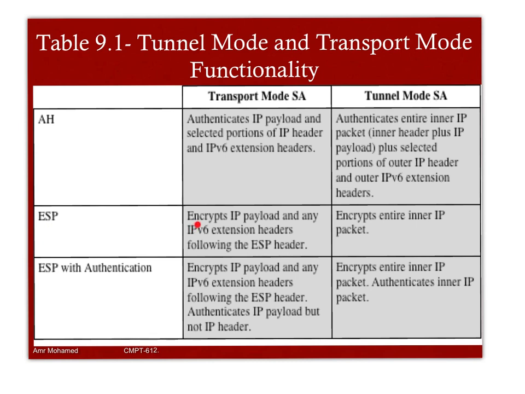ESP is used for encryption. So here we encrypt the IP payload and any IPv6 extensions. This is a bit tricky. The IP extensions here refer to, if you remember in IPv6 in Network 1, we discussed what we call the next header field. IPv6 supports nested headers. So you can have, for example, IPv6 encapsulated within IPv4, encapsulated within an ICMP header.